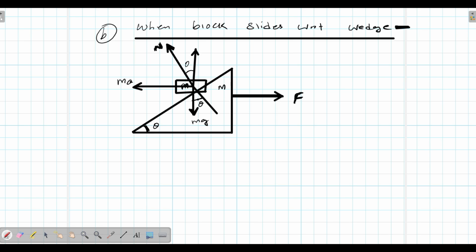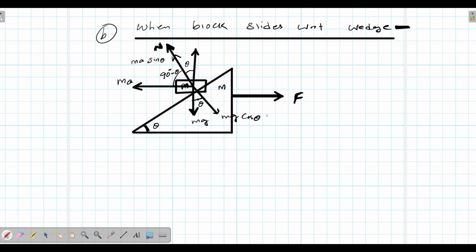So this is mg, and this is theta. This is 90 minus theta. So this is ma cos(90 minus theta), and ma cos(90 minus theta) is ma sin theta. This is mg cos theta.